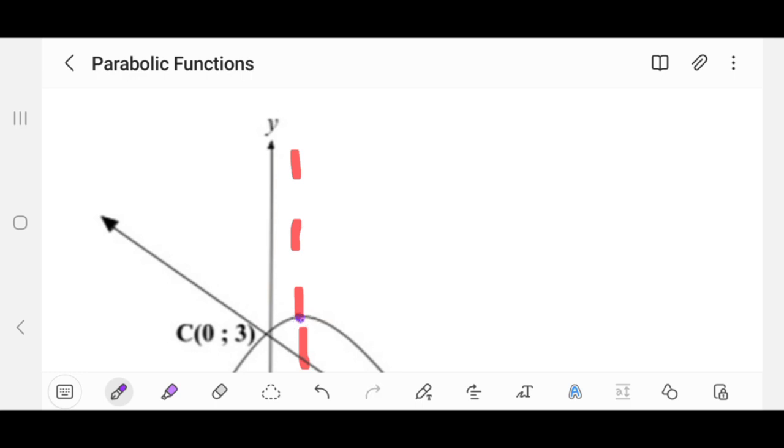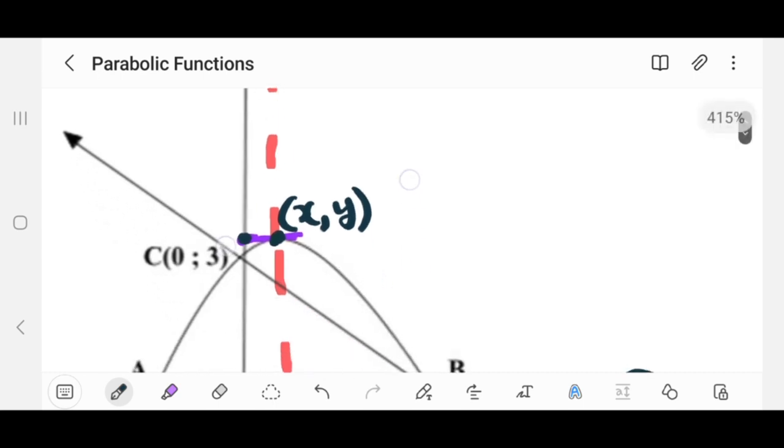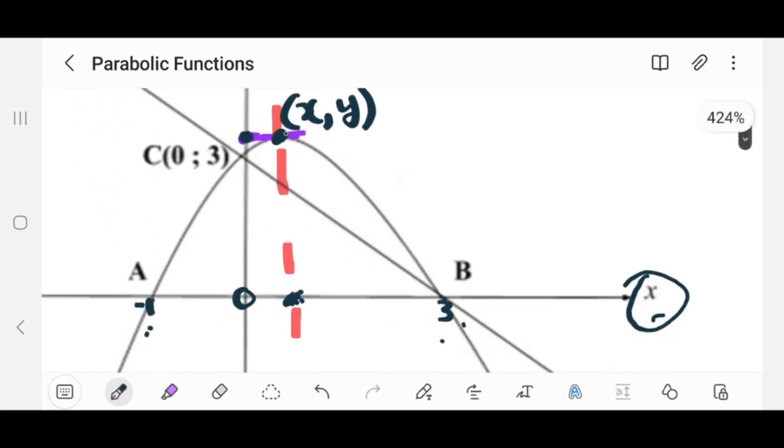This is the point, so we must know the corresponding y value that relates to this point. That means I'm looking for this y value here. What is this y value? It is the y coordinate of the turning point. The turning point has an x and y value, but already I have the x value of this point.